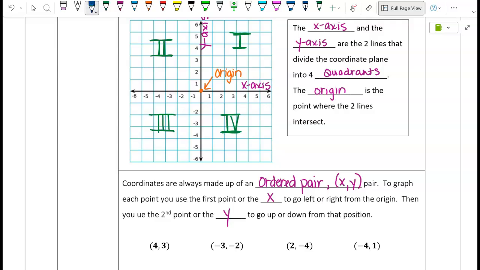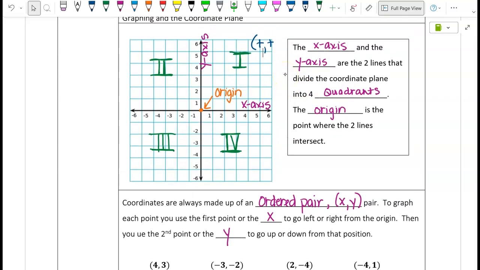In quadrant 1, both numbers in the ordered pair are going to be positive. So this would be a plus pair, 2 positive numbers, because we would go right and up to get to that quadrant.